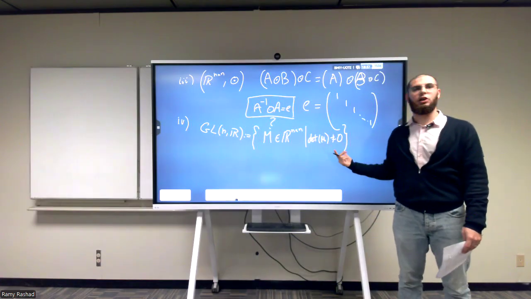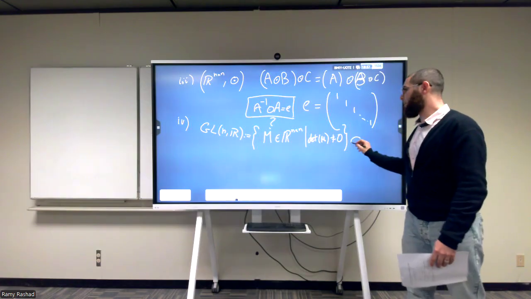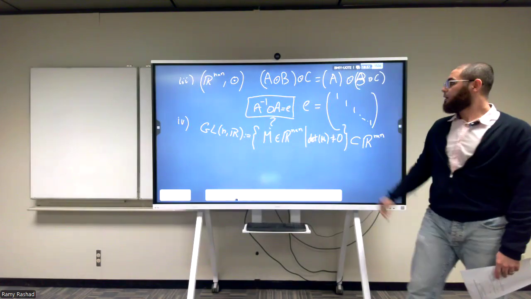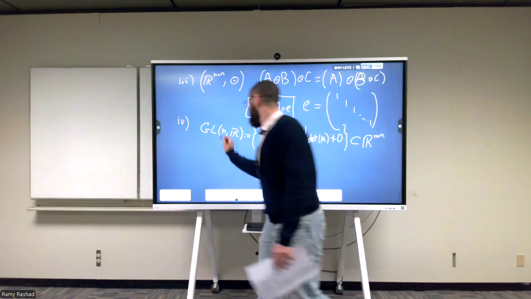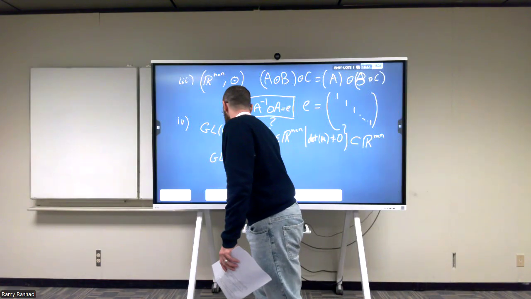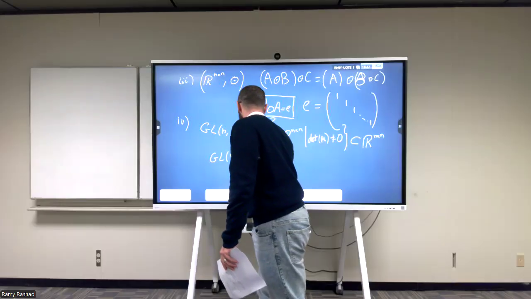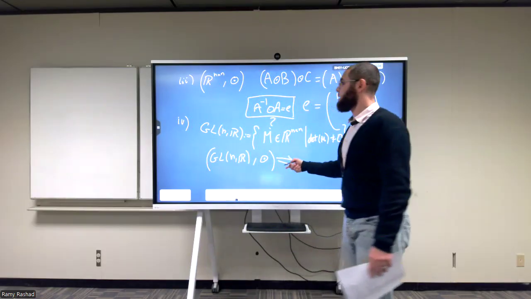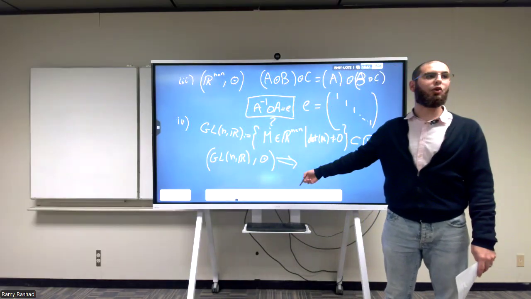And the determinant of M is not 0. And this is a subset of R^(n×n). And if I combine this set with the matrix multiplication, this is a group.